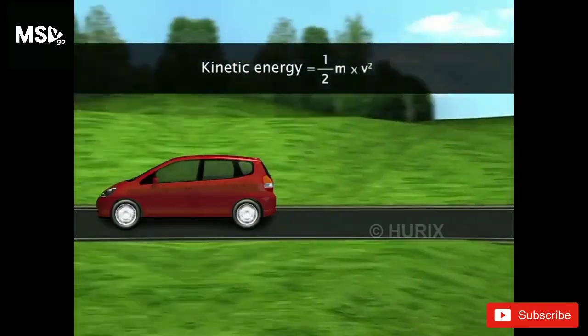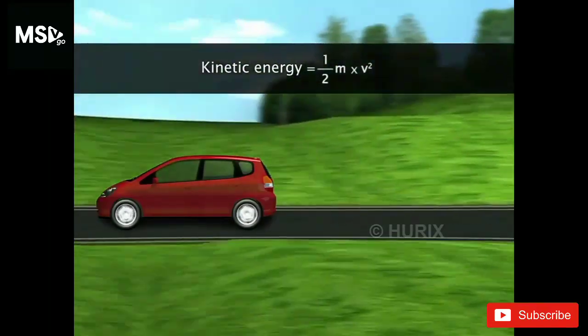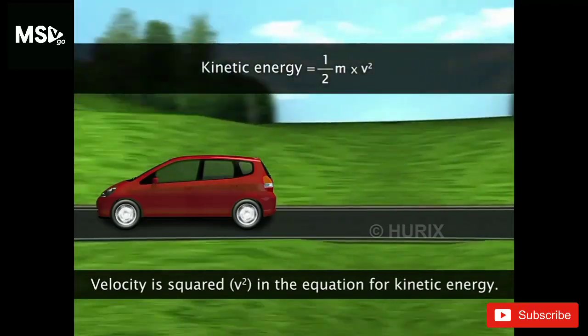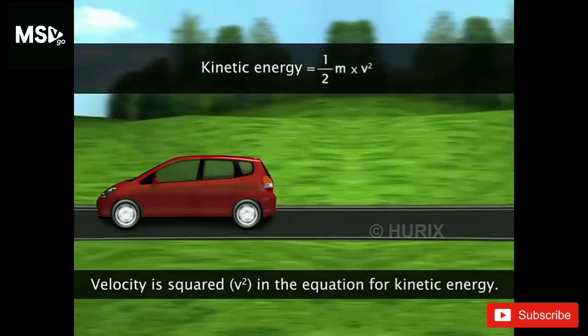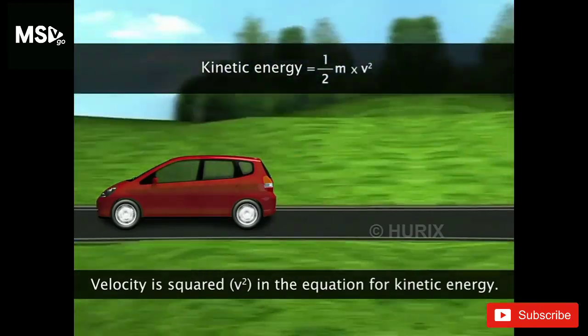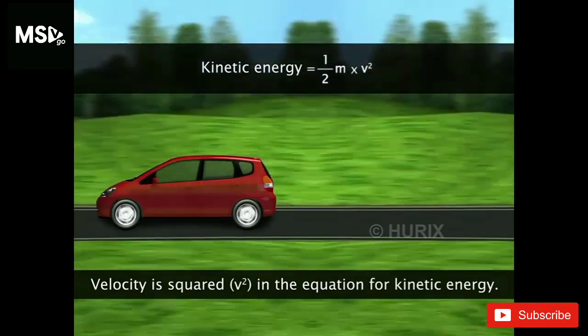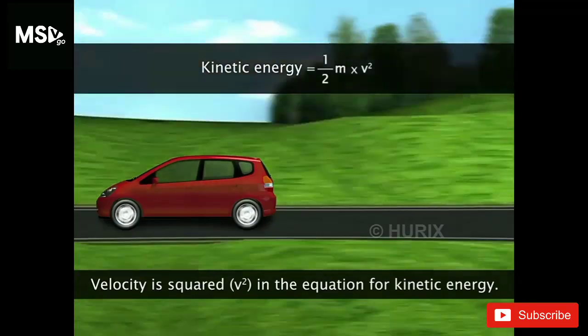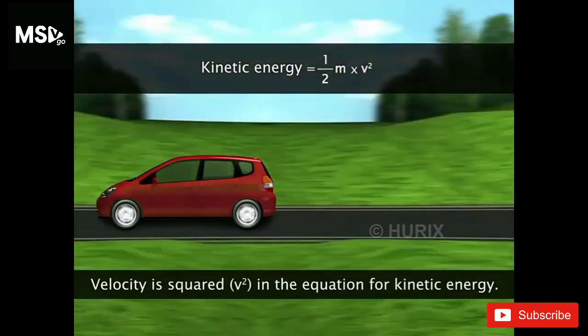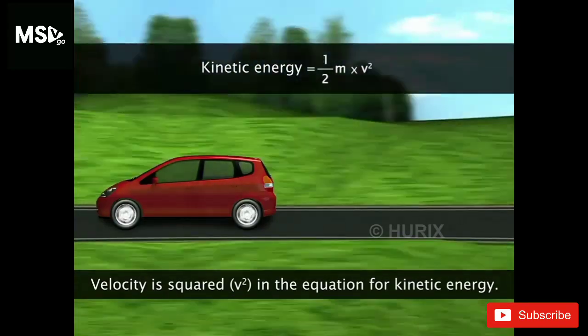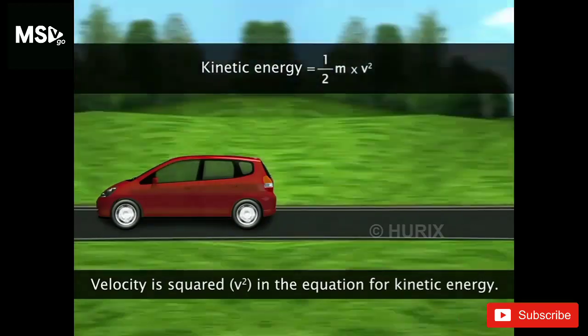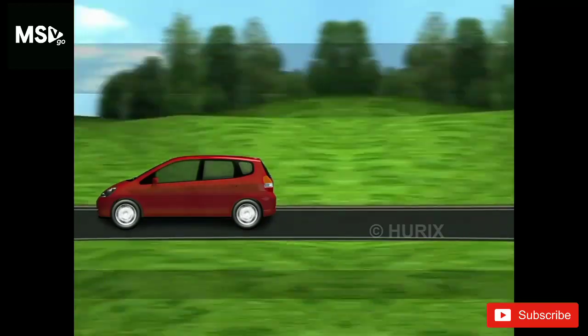From this equation, it becomes clear that if the velocity doubles, kinetic energy will increase fourfold. Note that velocity is squared in the equation for kinetic energy. From the equation, it is clear that if mass increases, the kinetic energy of the object also increases proportionately.